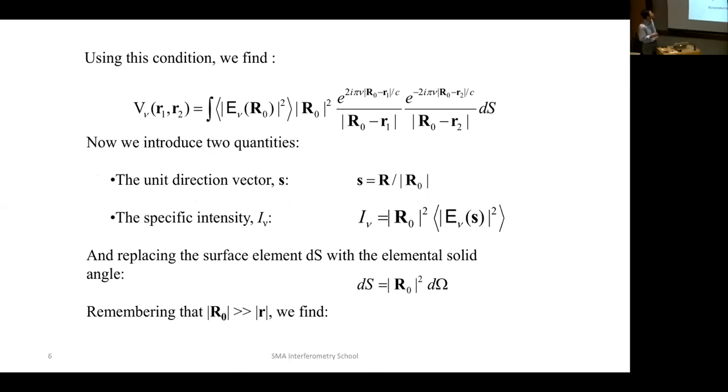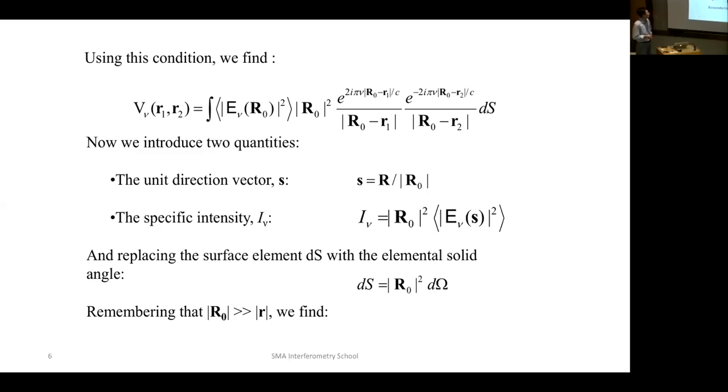Okay, so then this integral breaks down into a very simple form. I want to introduce small s in boldface, the unit direction vector in the direction of R. Also the specific intensity, which was discussed in the first two lectures, is just E squared times R naught squared.